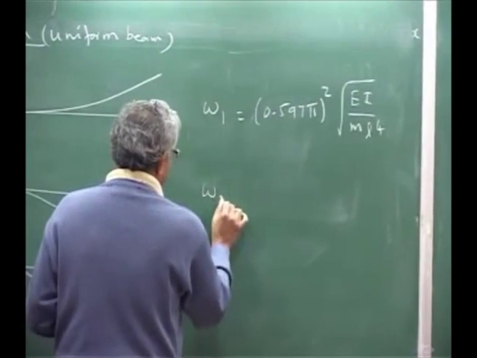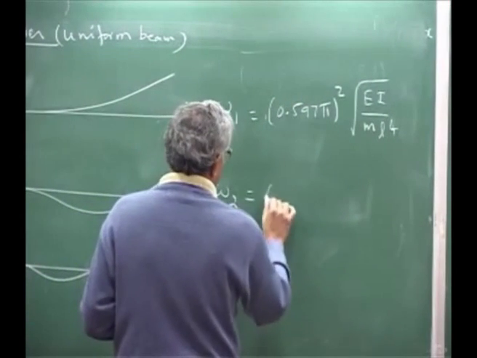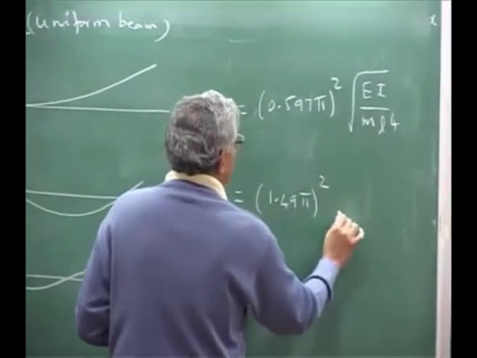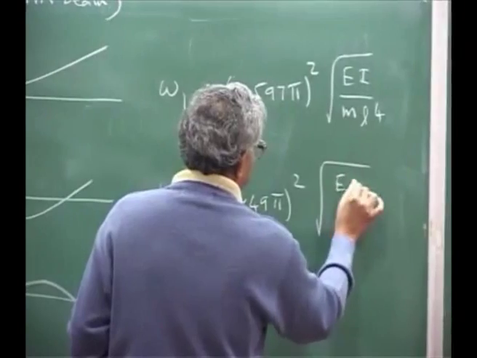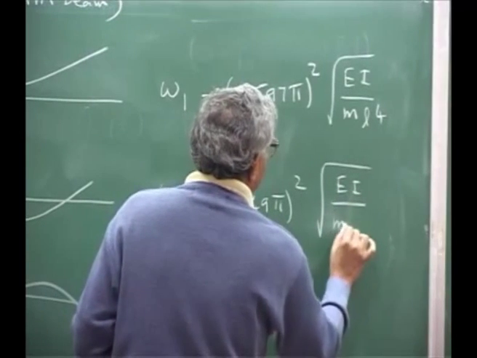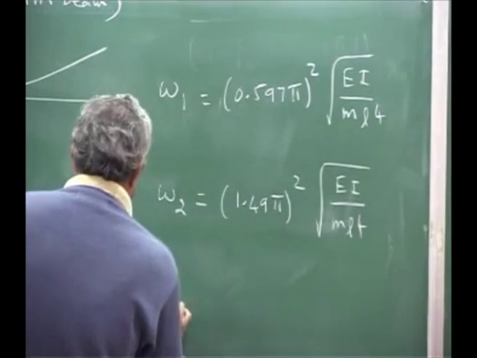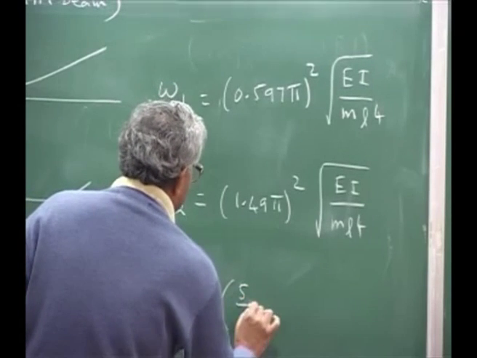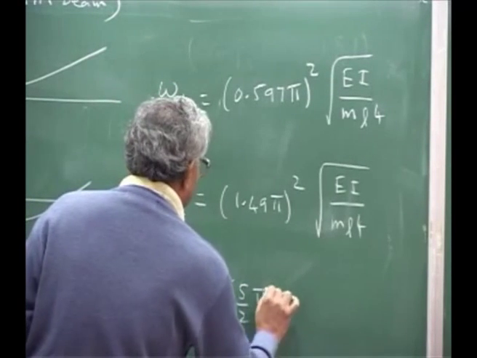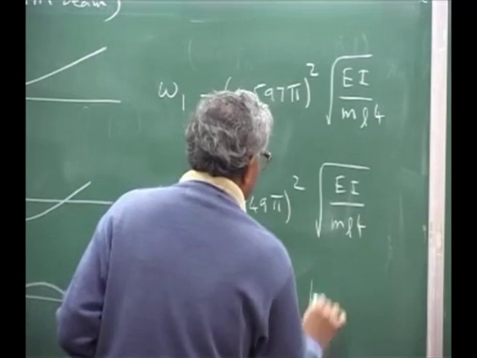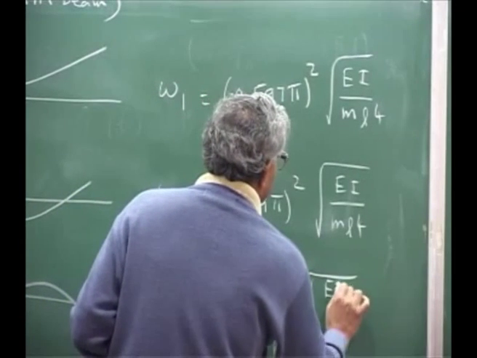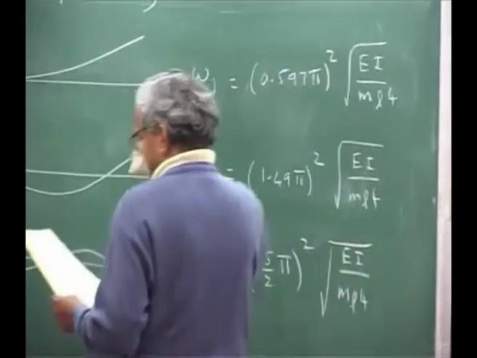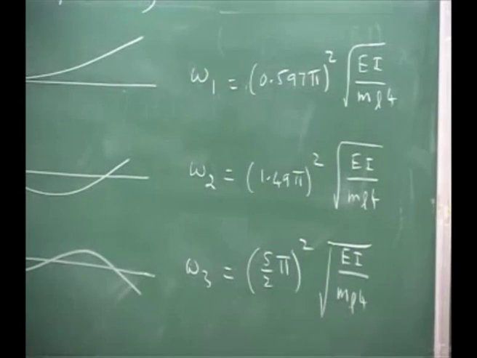Then omega 2 you will have 1.49 pi whole square EI over ML^4, and omega 3 is 2 pi EI, and so on and so forth.